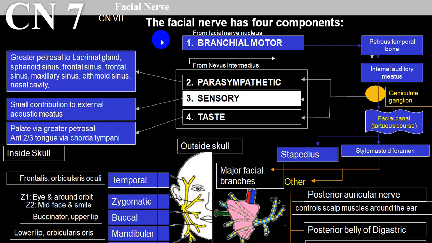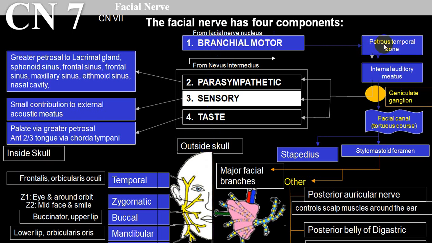So now this will summarize everything. So the facial nerve will have 4 components, that is branchiomotor, parasympathetic, sensory, special sensory, that is taste sensation. This will be the 4 groups of function.